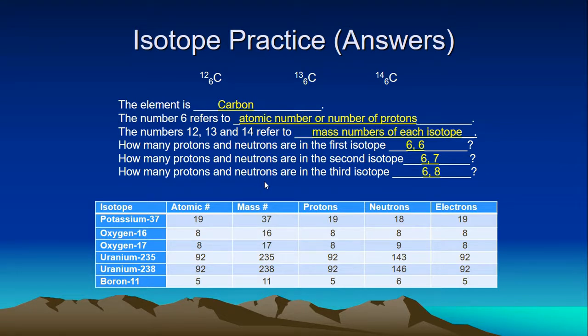Okay, so we've got the numbers here. I just want to point out a couple things. Again, as I said in the previous video, part of chemistry is searching for things on the periodic table. Uranium-235 and uranium-238 are used in nuclear reactors. This is very common in nuclear chemistry.